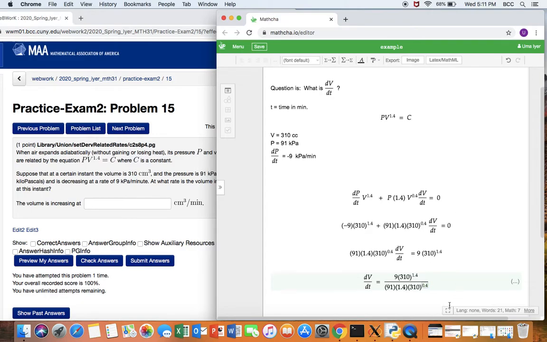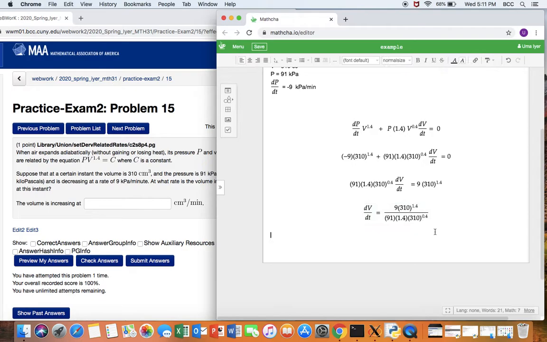Okay, that's looking good already. Can I reduce anybody? Yes, I can. 310 power 1.4 and 310 power 0.4. So you understand, the exponents I have to take subtraction of, correct?